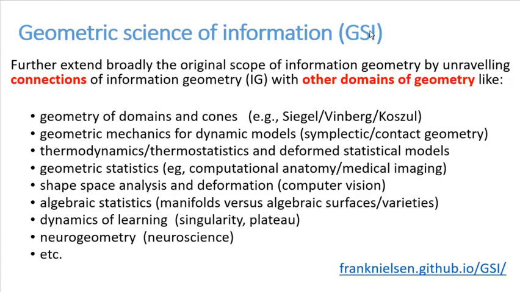Because information geometry does not have much dynamics in it, people have been looking at connections with geometric mechanics, like symplectic and contact geometry, thermodynamics, thermostatistics. So basically, it's a very wide scope of geometric models that we can use for studying models, right? We call it GSI, and it has been organized since 2013.